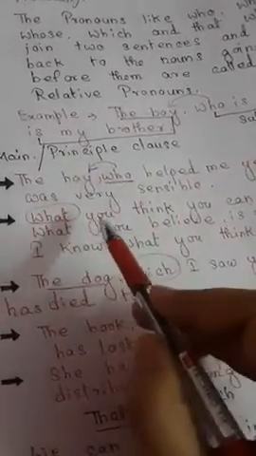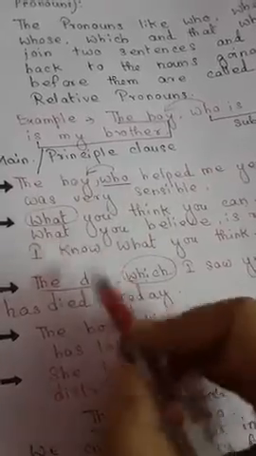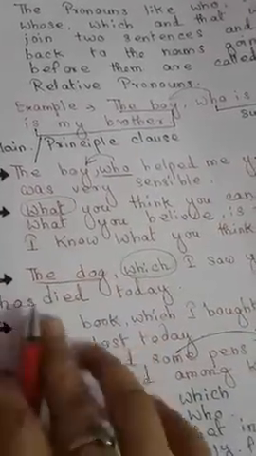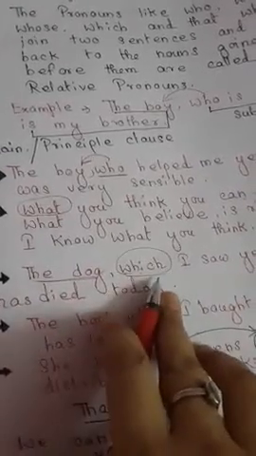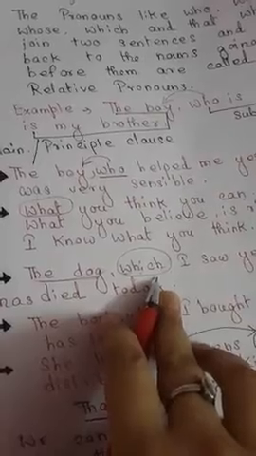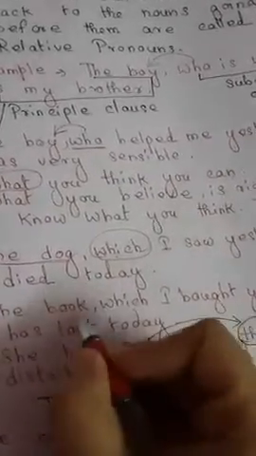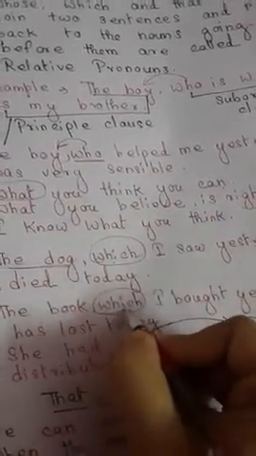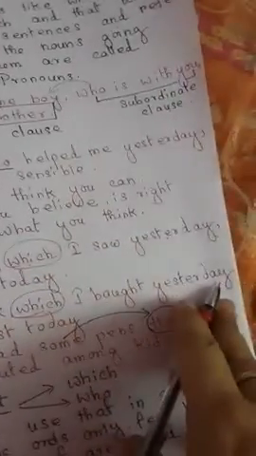In case of thought, idea, we will use what. And in case of any animal or birds or thing, we will use which. So the book which I bought yesterday has been lost today. Which is the relative pronoun here.